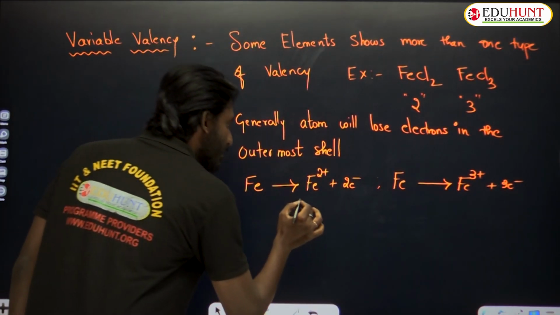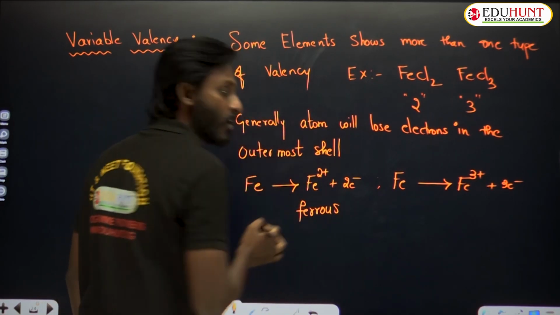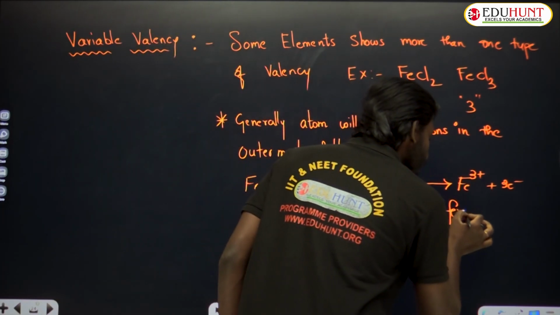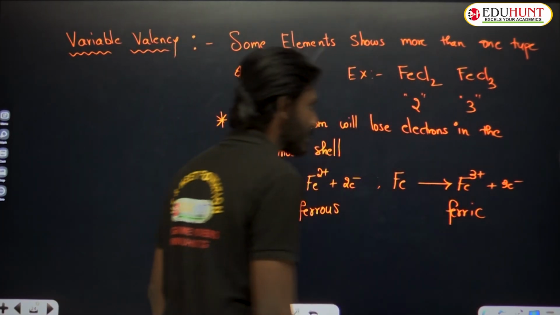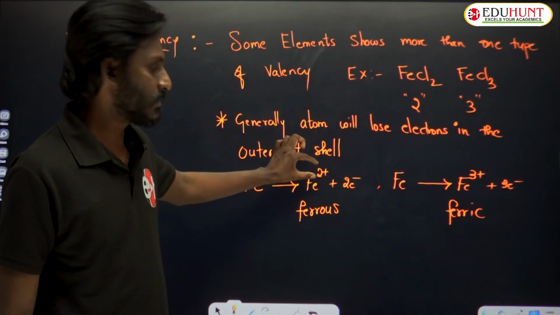The first one is called ferrous ion, and the next one is called ferric ion. Ferrous, ferric.